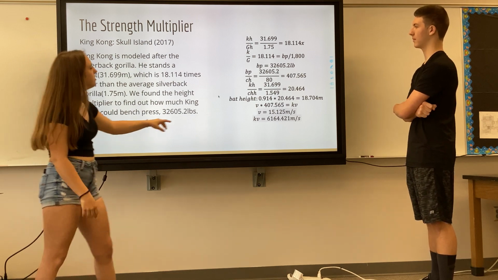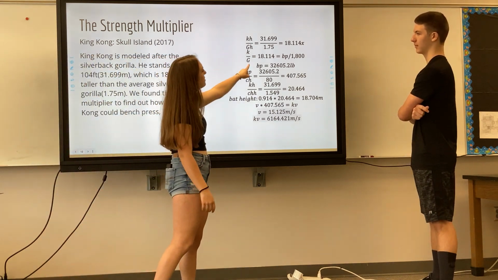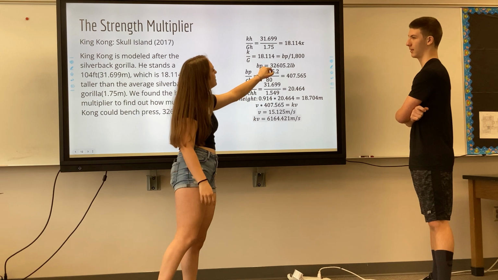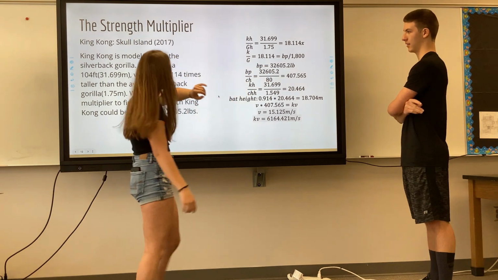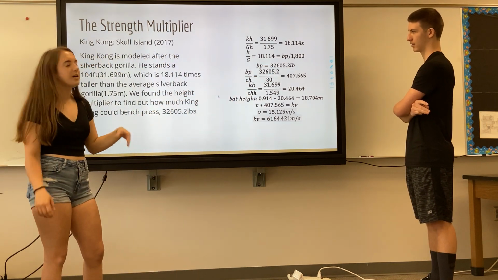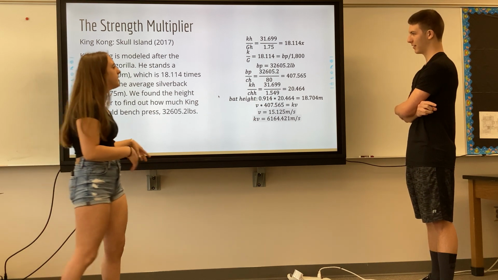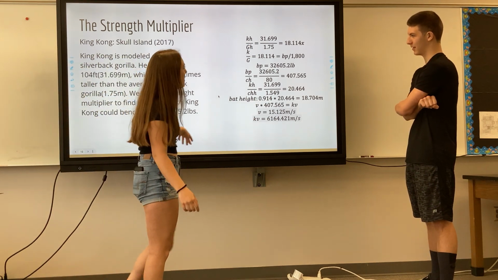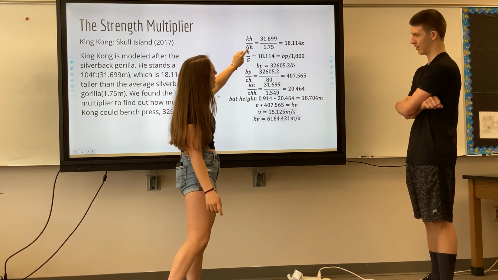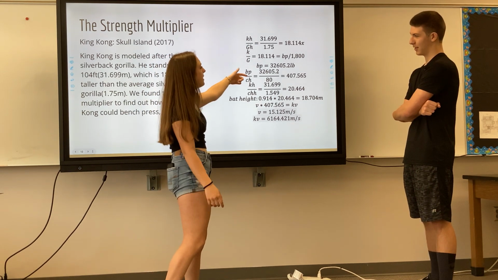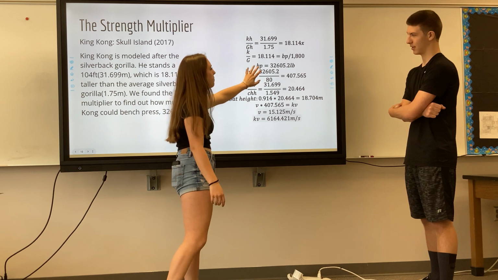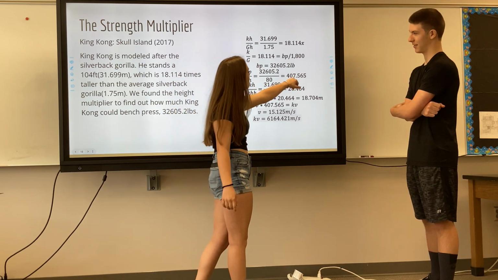And so then I used that multiplier, and then I did a strength multiplier because we figured out that the silverback gorilla can bench press about 1,800 pounds. So then I figured out how much he could bench press, which is about this much. And then we rounded, because I wasn't hitting the ball as hard as I could, so I said an 80 bench press for myself, times by that.